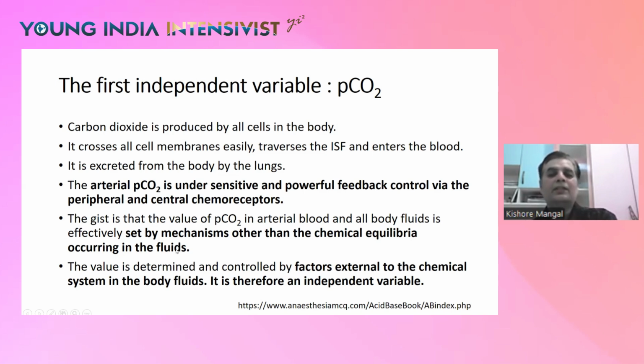Here an external factor, which is the chemoreceptor, is controlling the system. Therefore, it is an independent variable, right? So PCO2 is controlled by the brain via central and peripheral chemoreceptors, and the local chemical equilibria of the fluid is not responsible for control. That is why it is an independent variable. This is the first variable.